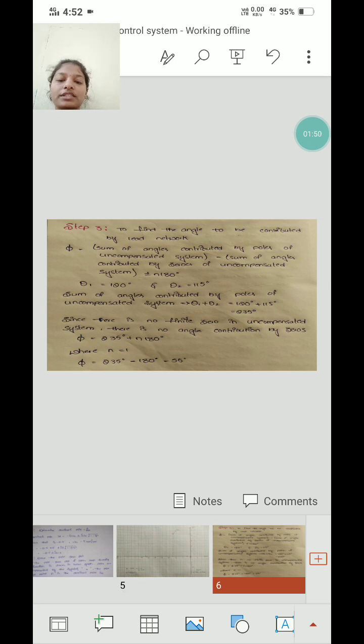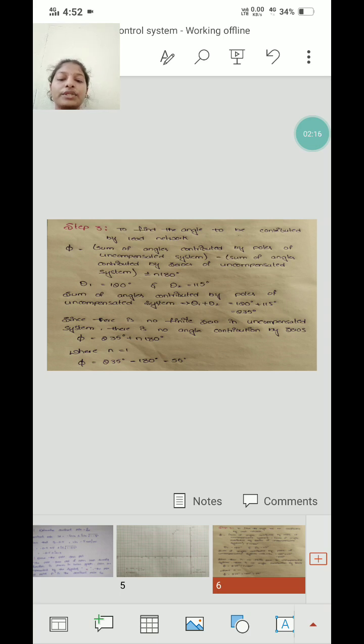Next we go through step 3, to find the angle to be contributed by the lead network, where phi is the angle. The formula for the angle phi is the sum of angles contributed by poles of the uncompensated system minus the sum of angles contributed by zeros of the uncompensated system, plus or minus n 180 degrees.